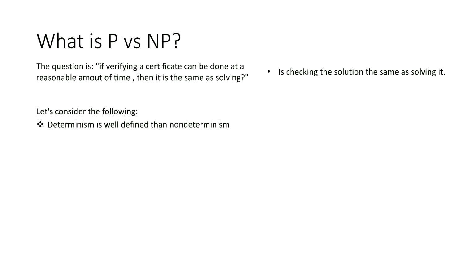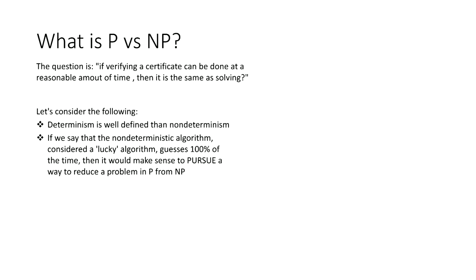It appears that determinism is a more rigorous aspect in computation theory, at least in automata theory. Non-determinism is not well defined. What the non-deterministic algorithm likely does is that it picks a path that will likely lead to a solution.